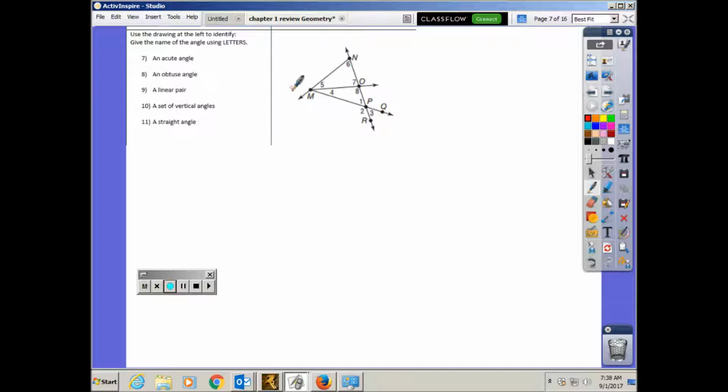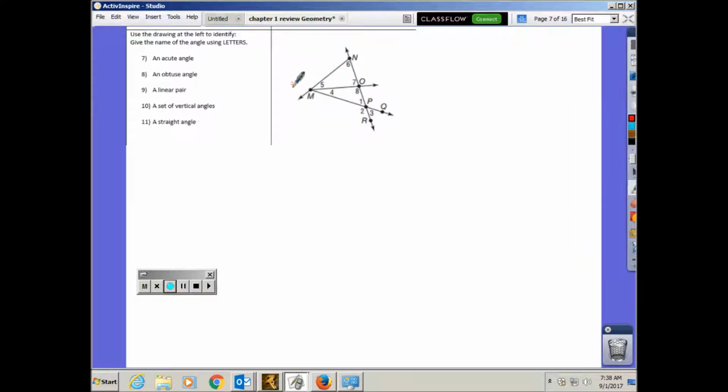With that line, I'm going to do this line. So there's two different linear pairs here. If I draw this ray, there's going to be this linear pair, but there's no identified point here. So I would rather have it where there's an identified point. So this is a line, there's a ray that comes off that line, breaks it into two angles.